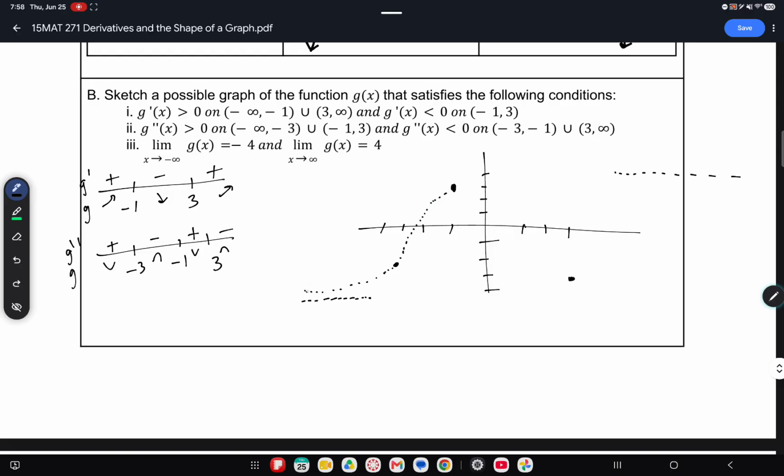Increasing. I'm changing concavity, so concave up and then concave down. This is going to be a maximum, so I've got just my dotted line here. And then I'm decreasing from -1 to 3. So I think I can follow that pattern down, maybe.